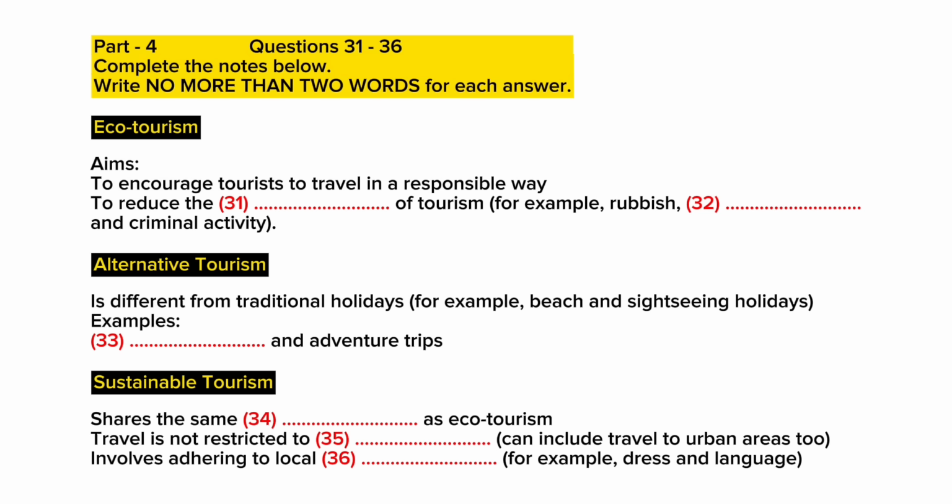In fact, the terms alternative tourism, sustainable tourism, or responsible tourism are often used to mean the same thing. But although the main ideas behind them are similar, there are small differences. And let's briefly look at these now.